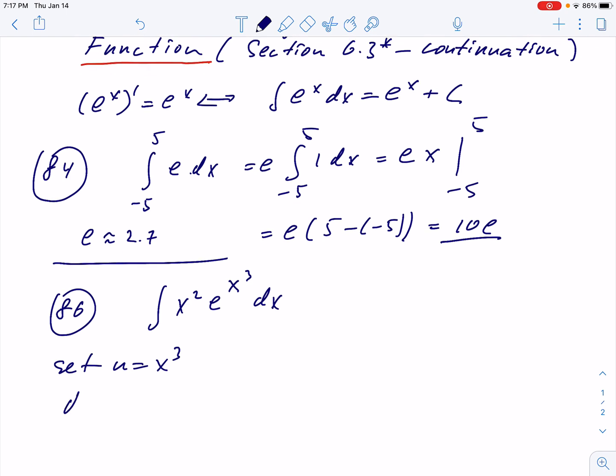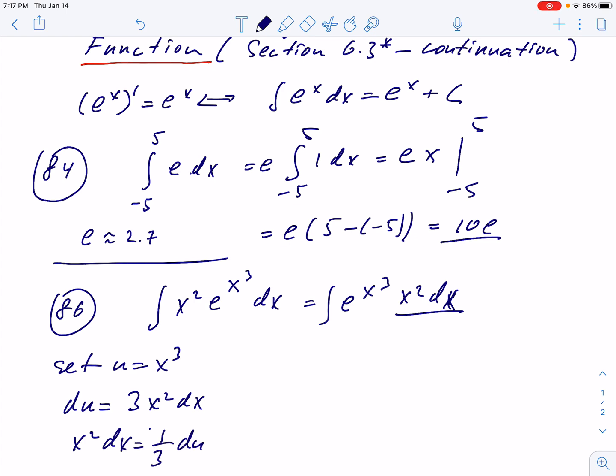Then du is 3x squared dx. If we write the integral with the exponential first, x squared dx, you see this product here, x squared dx, and x squared dx will be 1/3 du.